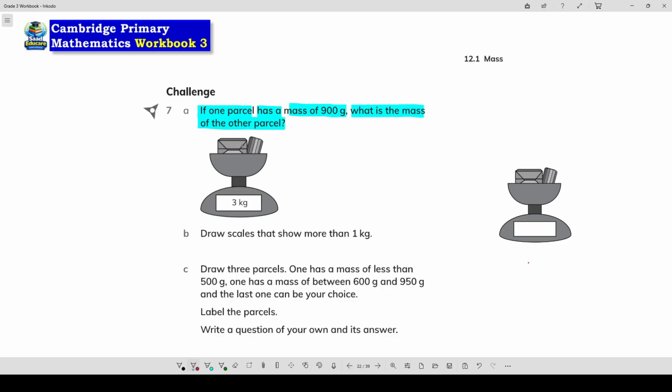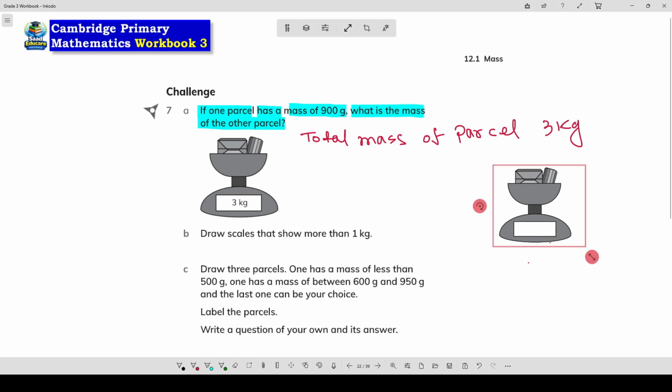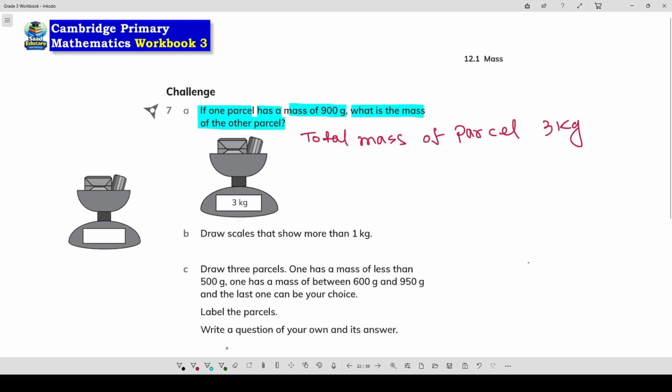So here are two parcels, it means the total mass of the parcels is 3 kg, right? 3 kg, one parcel 900 gram.